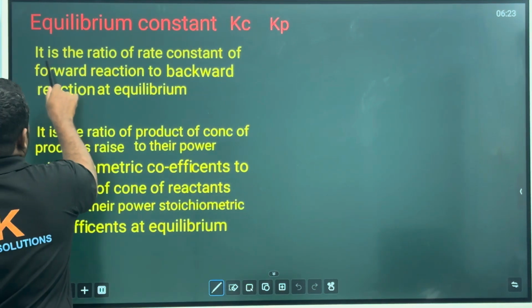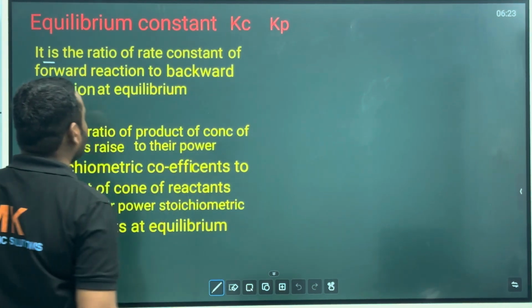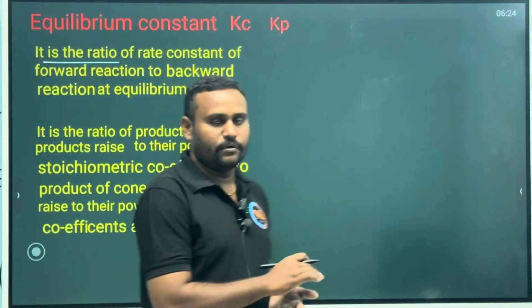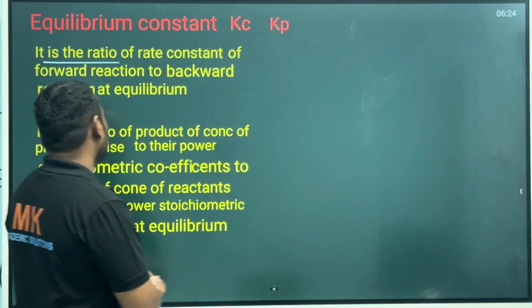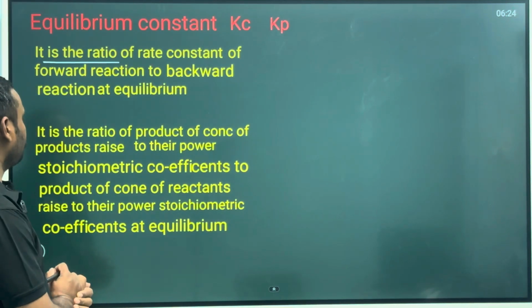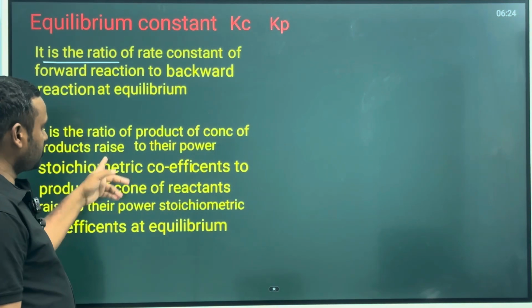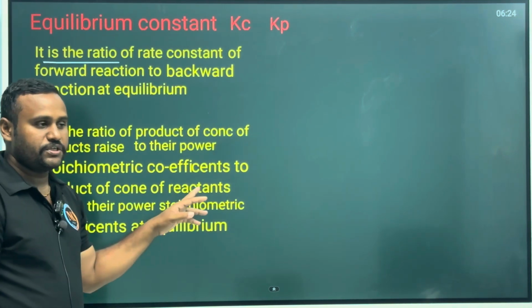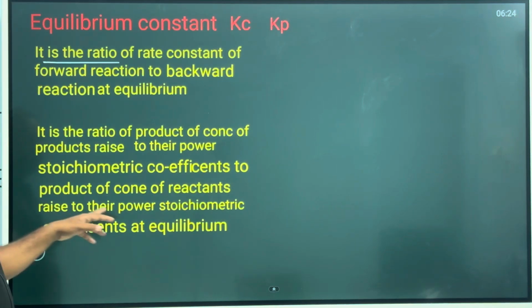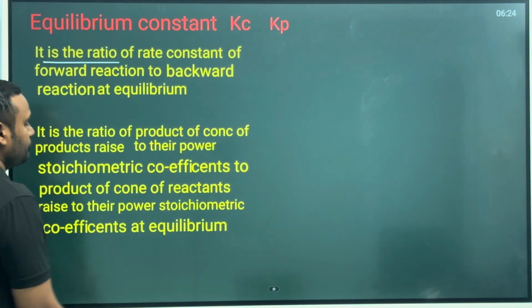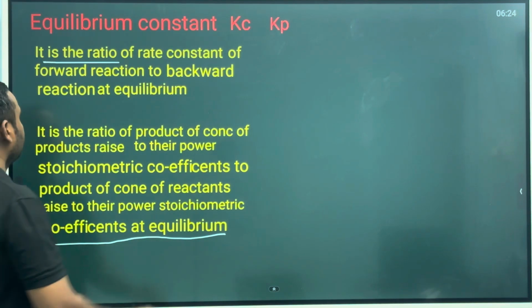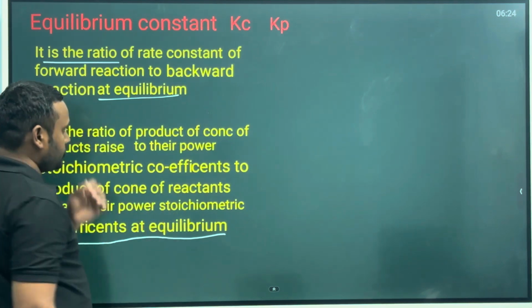Equilibrium constant is the ratio of the rate constant of forward reaction to the rate constant of backward reaction, or else the ratio of the product of concentrations of products raised to their stoichiometric coefficients to the product of concentrations of reactants raised to their stoichiometric coefficients at equilibrium. This point is very, very important and should be noted. Okay, this 'at equilibrium' point is very important.